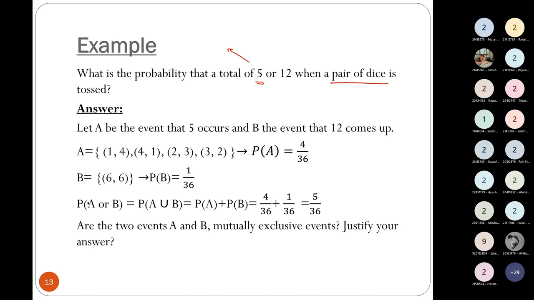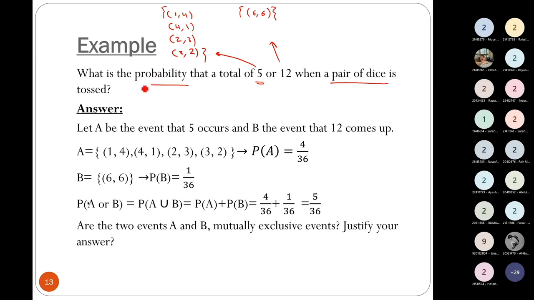Now, the sum equal to 5: 1 and 4, 4 and 1, 2 with 3, 3 with 2. So we have 4 outcomes. And 12 is 6 and 6 only. Okay.